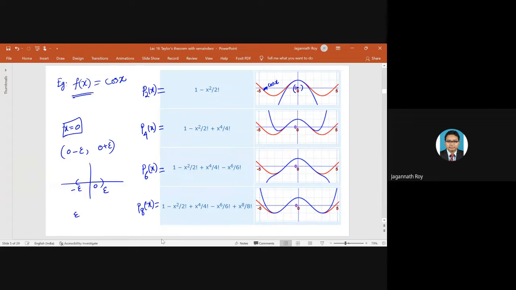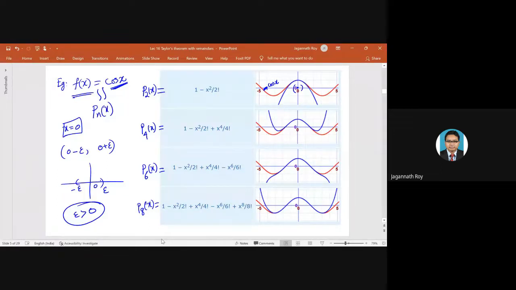You take this interval, we call it a neighborhood. And then what we want is that Pn(x) will be almost equal to the value of cos x.